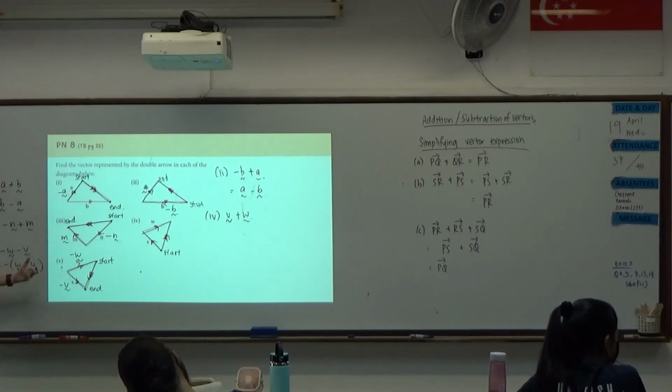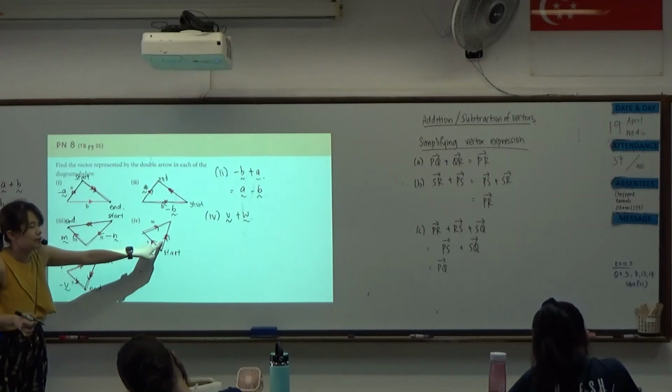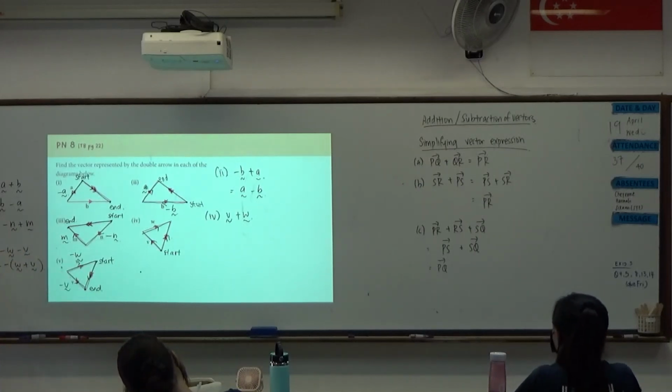Because after all, if you compare your part 5 and your part 4 diagram, the resultant vector of this and the resultant vector of this, they are actually going opposite direction, while your W and V are the same.